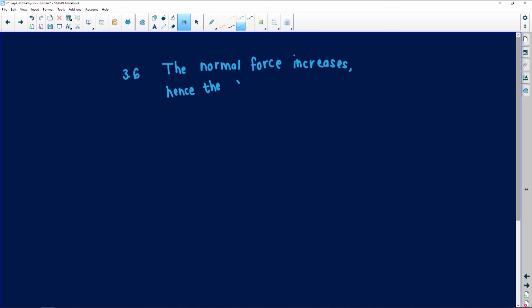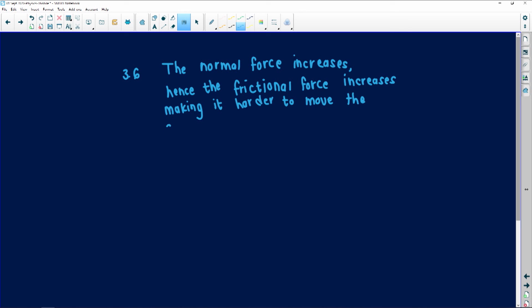Hence the frictional force increases, which makes it harder to move the object forward.